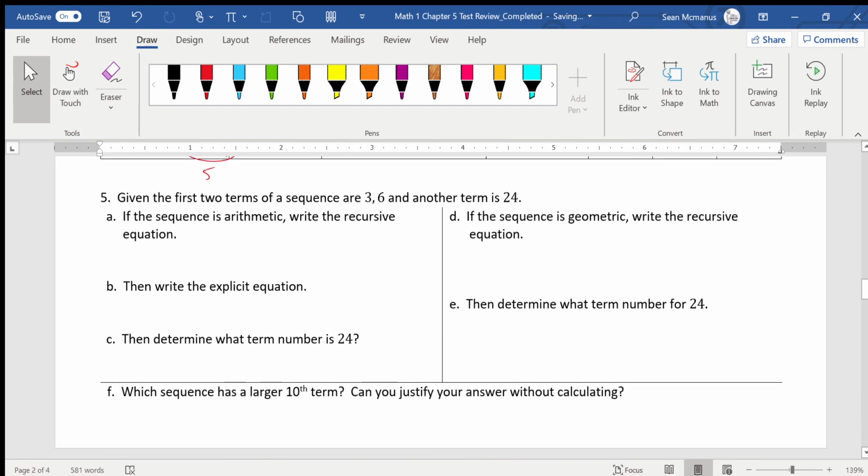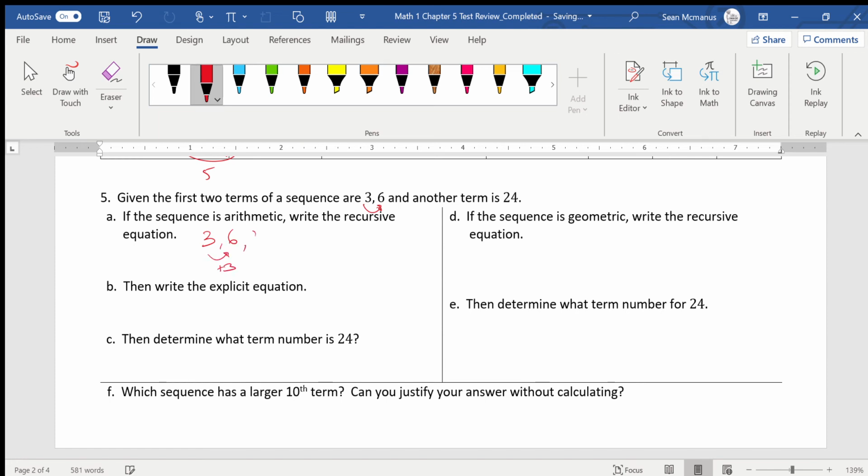So maybe I'll just try and get through all of these here, formulas for the arithmetic and geometric. So number 5, given the first 2 terms of the sequence being 3, 6, and another term is 24, these really ask me to do 2 different things, we'll see. If the sequence is arithmetic, write a recursive equation. So if it's arithmetic, right, that means 3, 6, means it's adding.